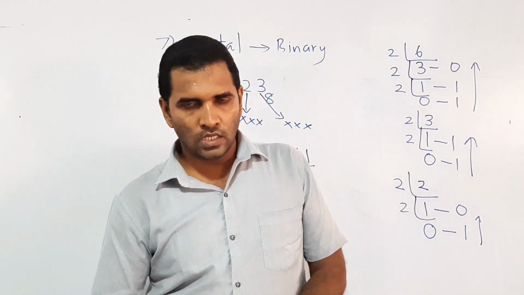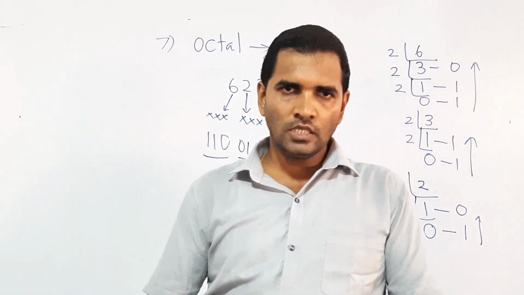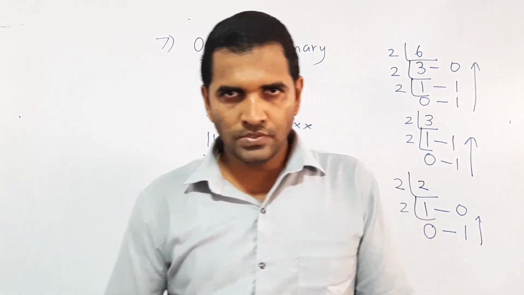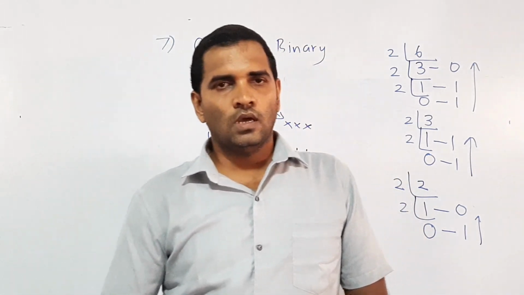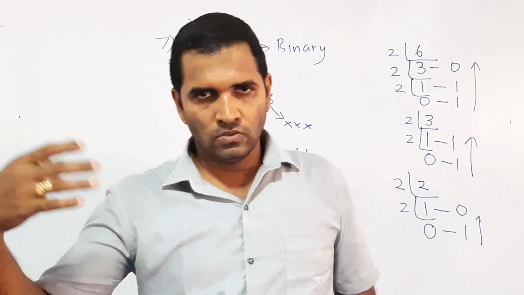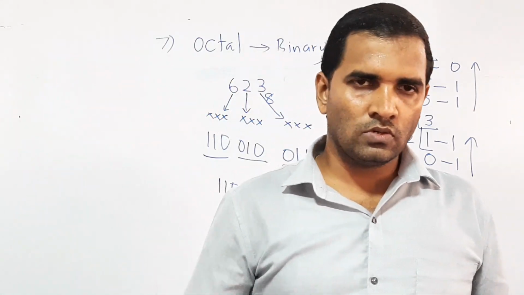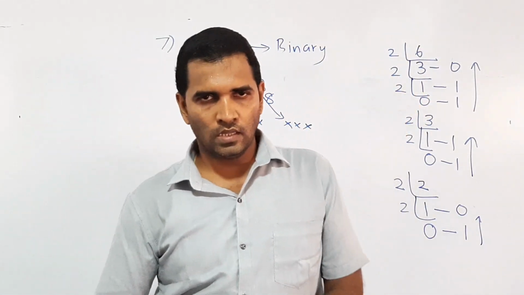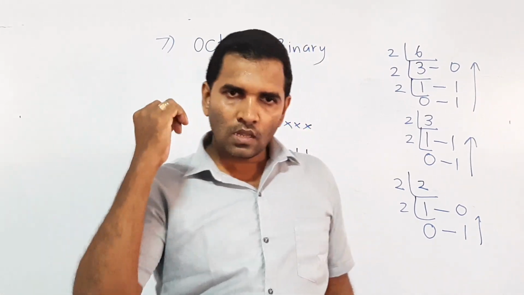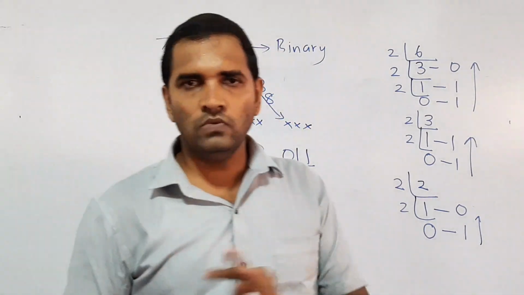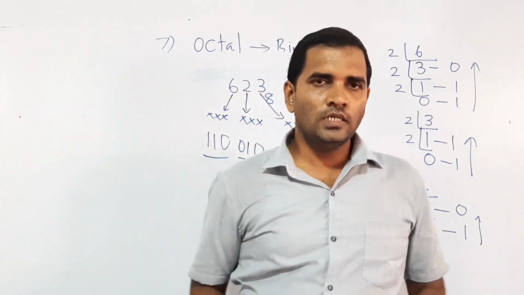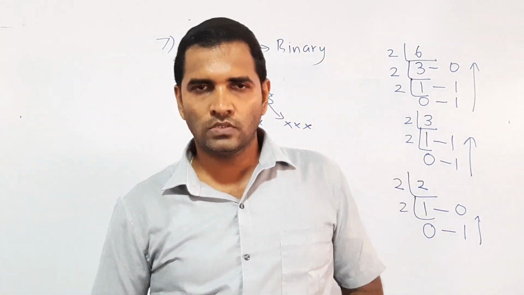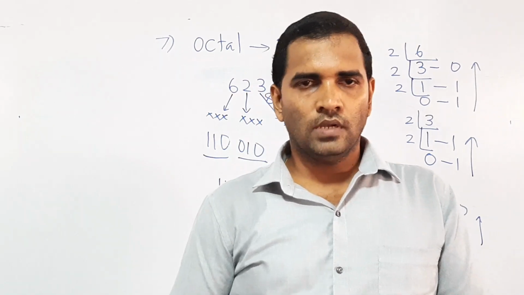In the next video tutorial, we will take another 2 conversions. There we will convert a binary number into hexadecimal, and also a hexadecimal into binary. If you understand today's 2 conversions clearly, without any doubt, understanding the next 2 conversions is very simple, right?